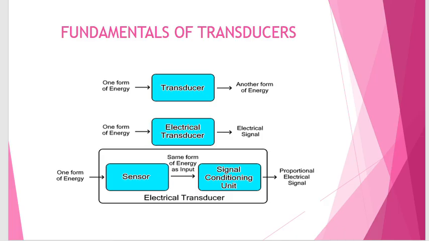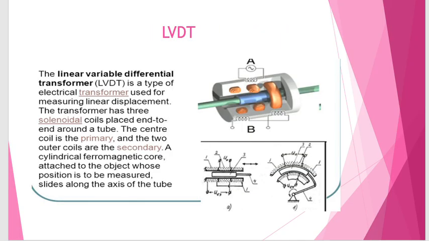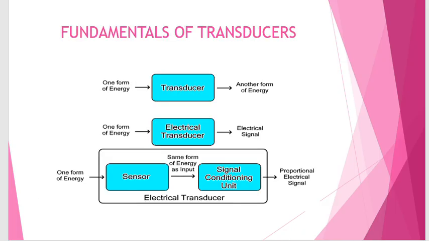Let us list out the various applications of transducers. What are the major applications in the area of biomedical engineering? You can identify the movement of muscle by using a device called an acceleromyograph.